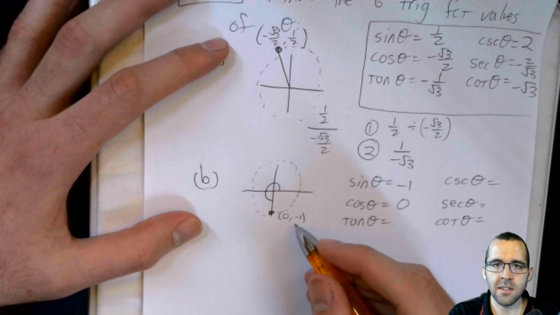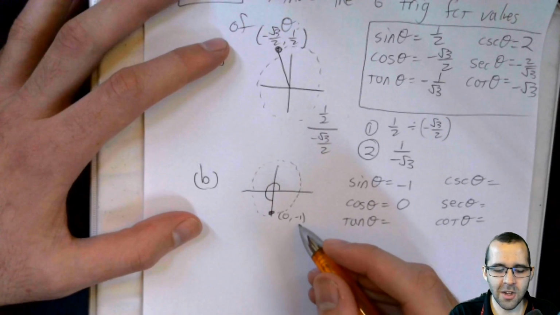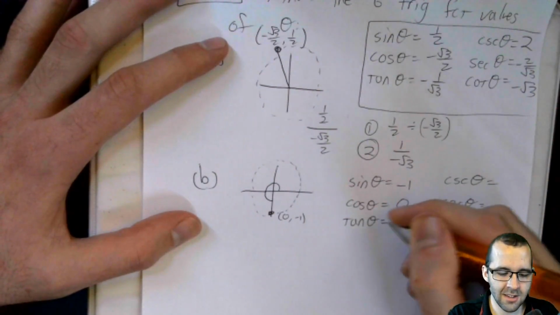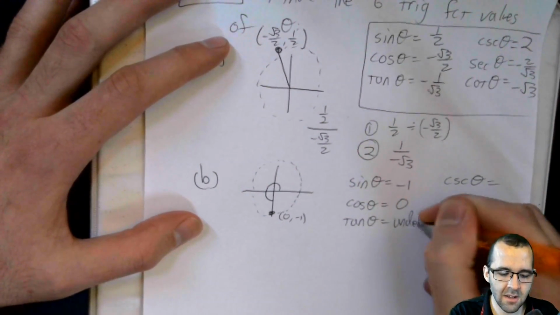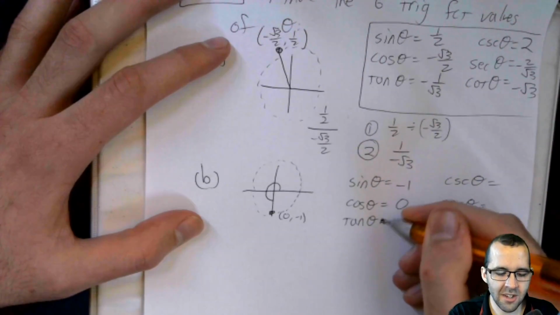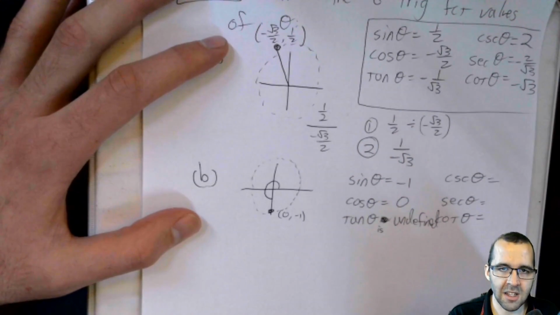Tangent is y over x. -1 divided by 0. What is that? Undefined. So tangent is undefined. And we usually, oh crap, I don't have enough room to write. We usually don't write equals undefined. We just say tangent is undefined. Something like that.